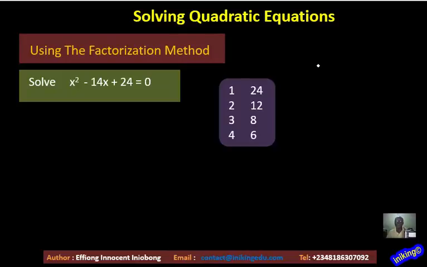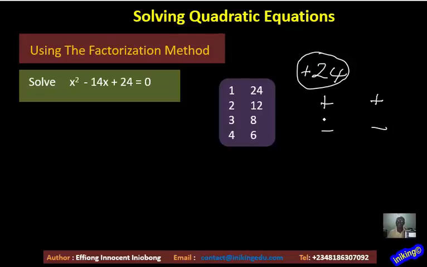How do we decide? Because our 24 is positive, it simply implies that the two factors must either be positive, positive or negative, negative. Remember, two negative numbers will multiply to give us positive, and two positive numbers will give us positive. So both of them must have the same signs.